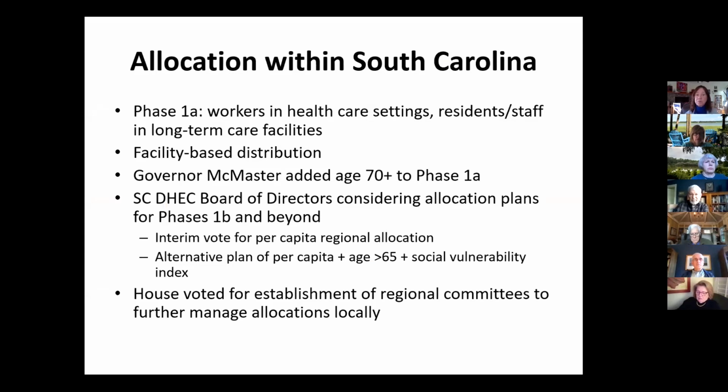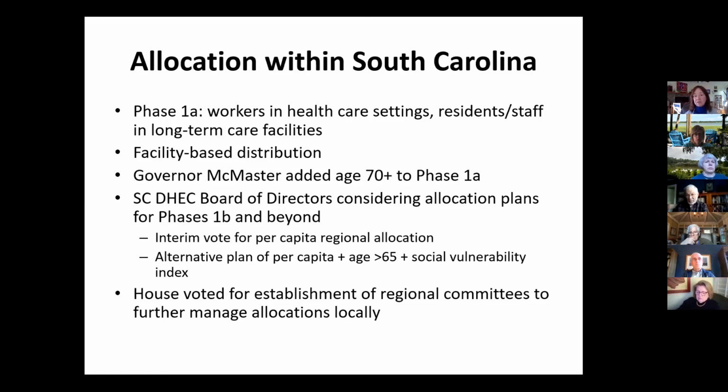Let me tell you a little bit more about allocation in South Carolina. I already mentioned phase 1A, workers in healthcare settings, residents, staff, long-term care facility. We have been doing in phase 1A facility-based distribution because we know where those workers, those residents and staff are. So our plan had been phase 1A, go to the hospitals, go to the clinics, go to the places where those workers are.